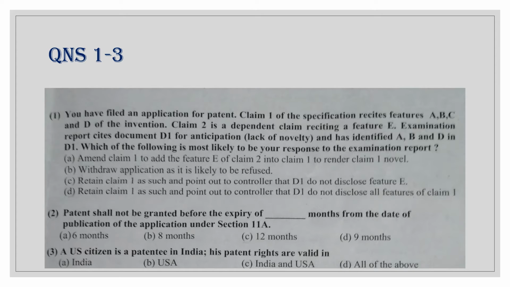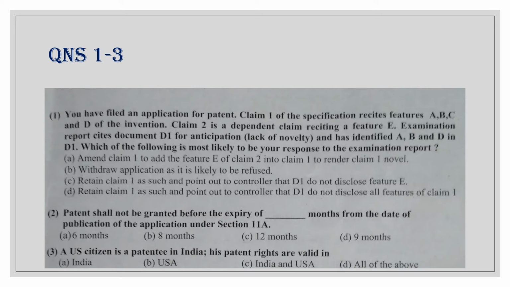So here claim 1 is independent and the features are A, B, C and D of the invention. Now claim 2 is a dependent claim, and here a feature E is recited. That means we can say that this feature E is not present in claim 1. This much you can differentiate.